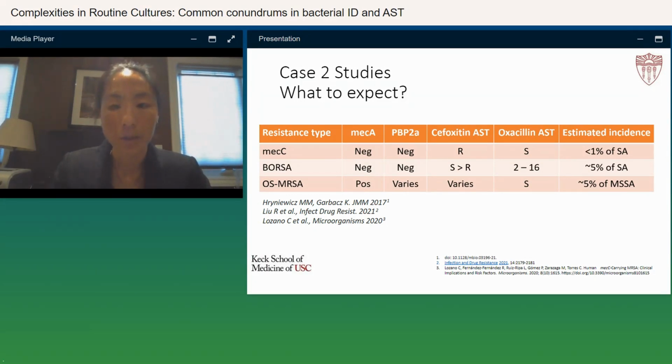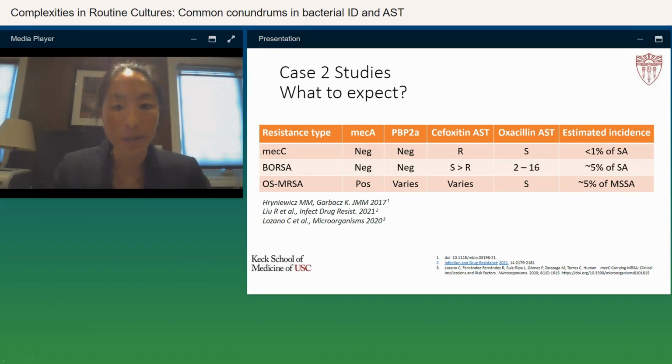As I mentioned before, cefoxitin tends to be resistant for the mecC mechanism, whereas oxacillin testing tends to be susceptible. So if you see that pattern, it can suggest mecC. However, keep in mind it is relatively uncommon, the least common of the three in this table, less than 1% of Staph aureus in clinical microbiology labs.